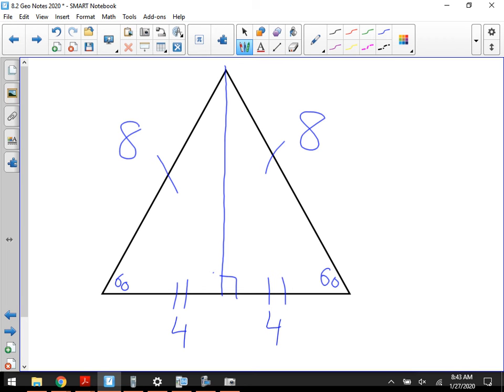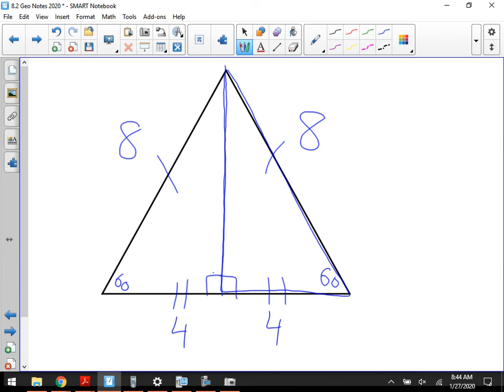Now, if you look at the triangle, I have that perpendicular bisector. That perpendicular bisector creates a right angle down at the bottom here, correct? That's what that symbol means, right? So go back again. How many degrees are in a triangle? 180. So if I take out the 90, I'm looking at just one triangle right now. If I take out 90, how many degrees are left? 90, right?